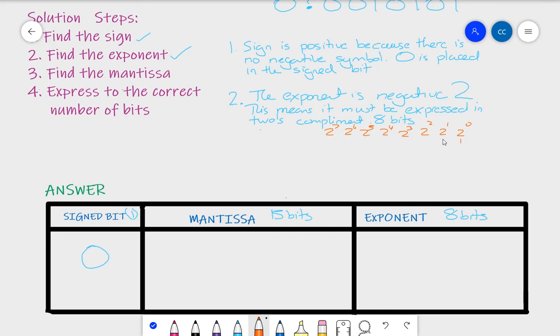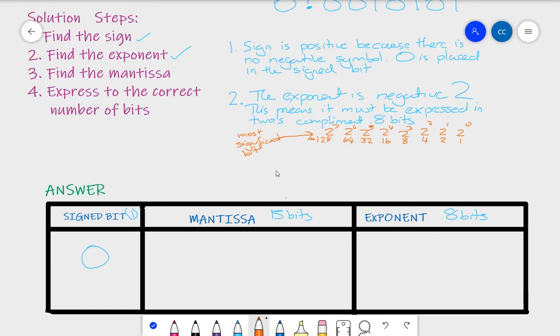So we've got 1, 2, 4, 8, 16, 32, 64 and 128. Now in 2's complement, the most significant bit, don't forget that, is always negative.